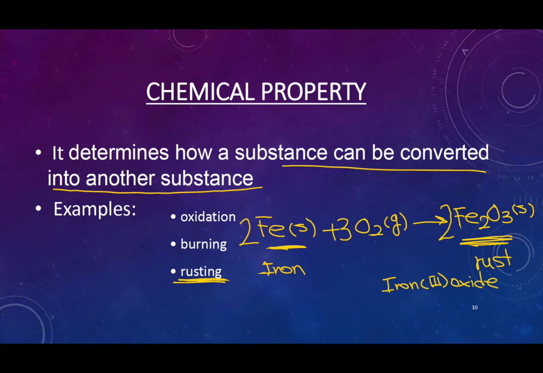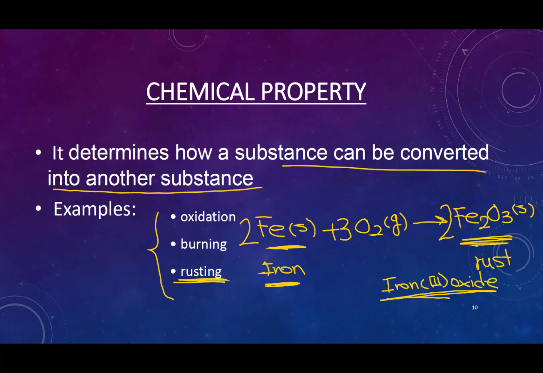As you can see, one substance, which was iron, was converted to another substance, which is iron(III) oxide. Unlike physical change, whatever you start with, you do not end with that exact thing. That's the total difference. When we are talking about chemical change, one substance converts to another substance.